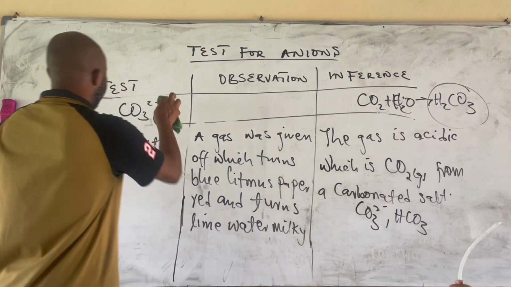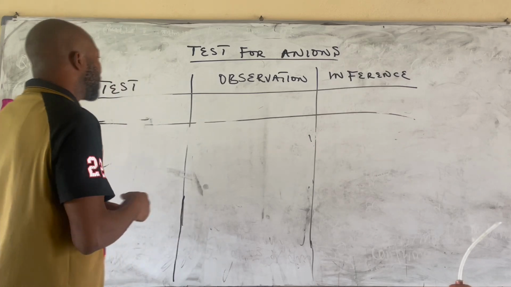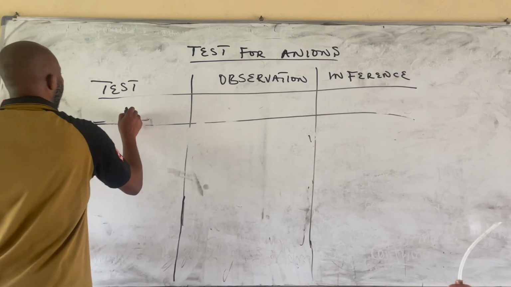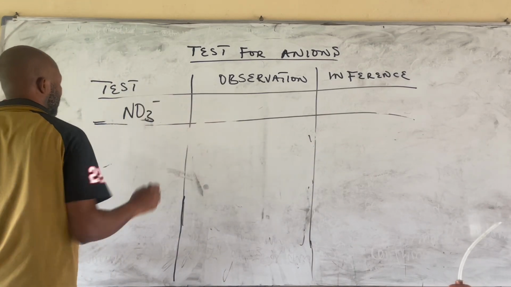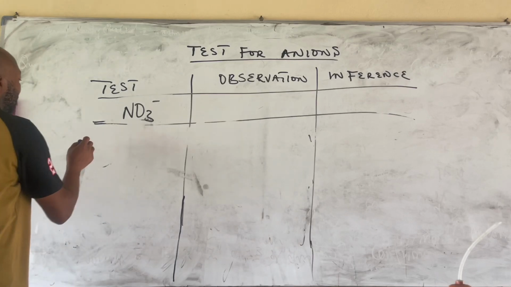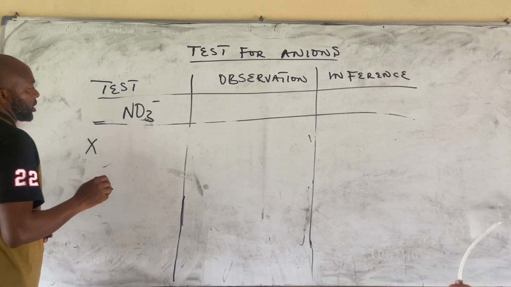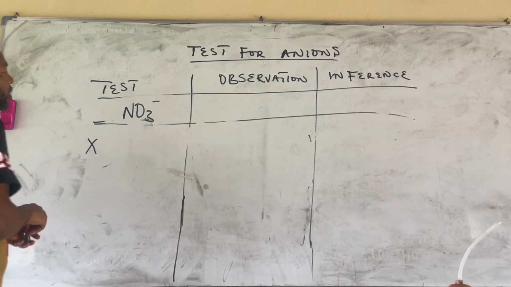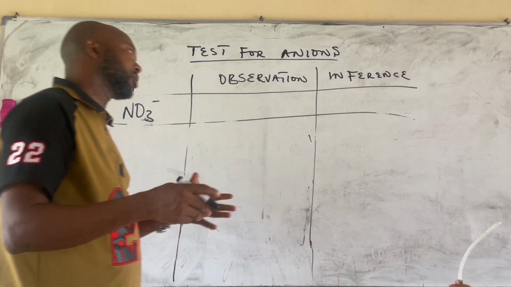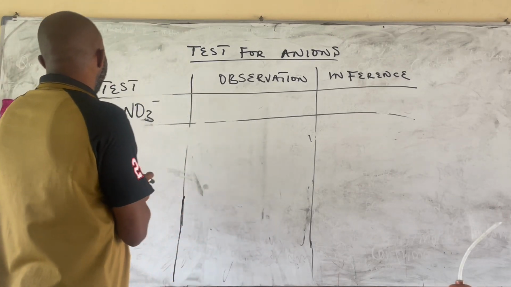Let's take another one. Let's check for nitrate, NO3 minus. We call it sample X. In sample X, we want to check for the presence of nitrate, which gradually we will follow the steps.